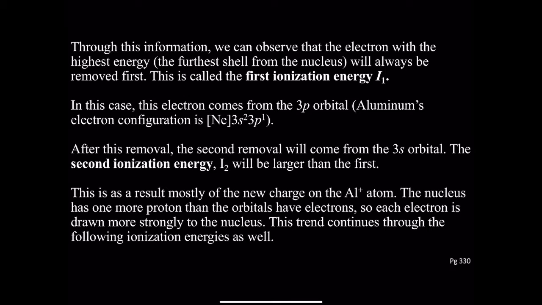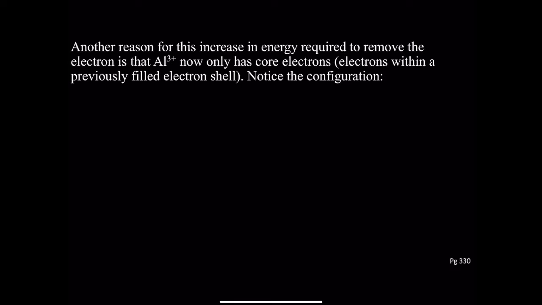The nucleus isn't becoming more positive, but there are fewer negative charges opposing those protons, and so they more readily grab on and hold on to those electrons as they are trying to be removed. So the energy required to remove them is greater.